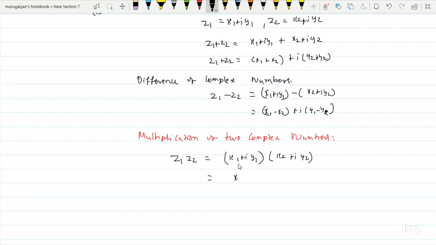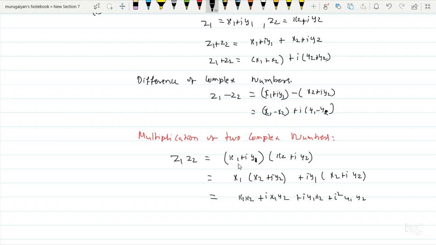Now just apply the distributive law. x1 times x2 plus iy2, plus iy1 times x2 plus iy2, and opening the bracket using the distributive law, x1 x2 plus i x1 y2, plus i y1 x2, and plus i square y1 y2.